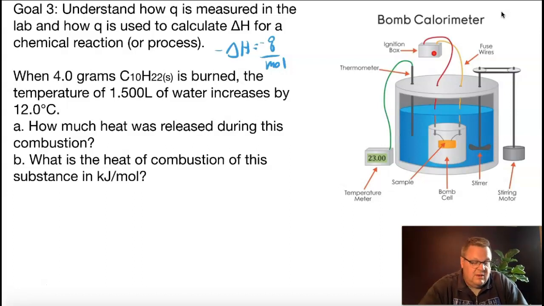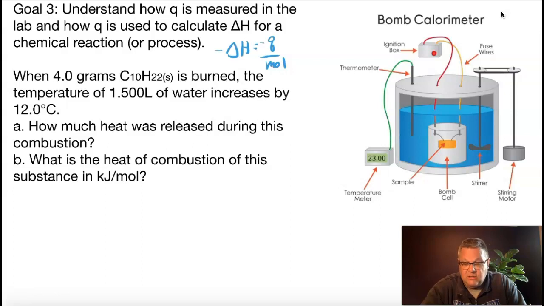All right, let's do an example that's listed here. We're going to burn a hydrocarbon, a solid decane is what it's called. C10H22 is burned. 4 grams of it is put in that bomb cell, that bomb cup. That cup is sealed and filled with pure oxygen, and then that cup is submerged in a bunch of water. All right, 1.500 liters of water.